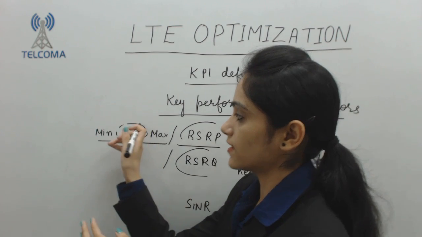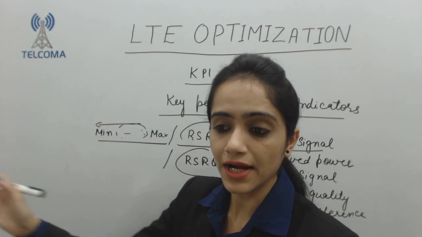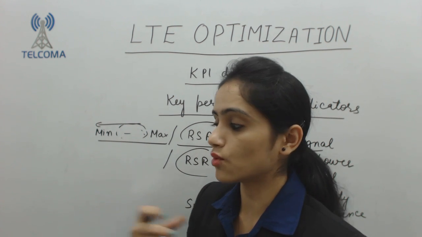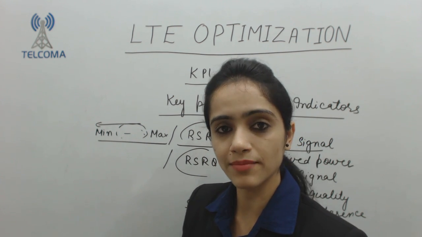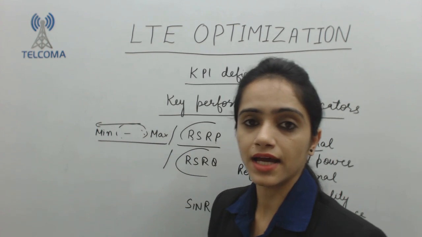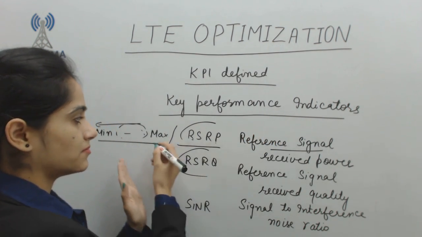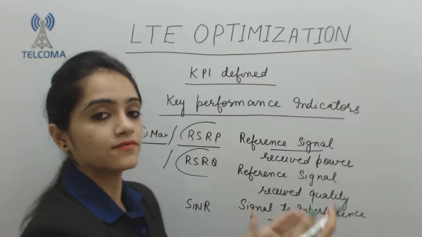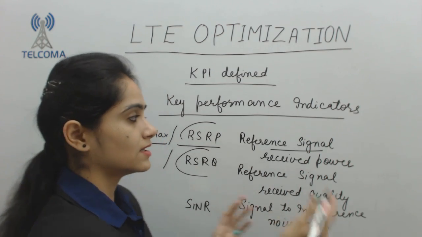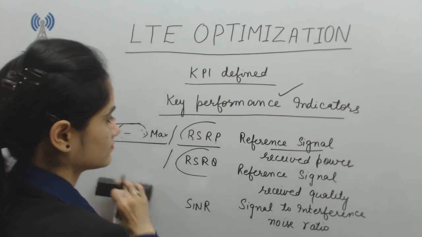If the RSRP value is at the minimum, then I require a handover to another cell because my home cell is not able to provide me good power. Whatever the minimum and maximum values of each radio network parameter, these will be my key performance indicators.